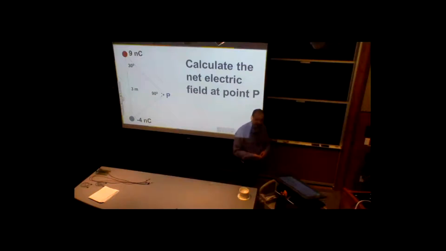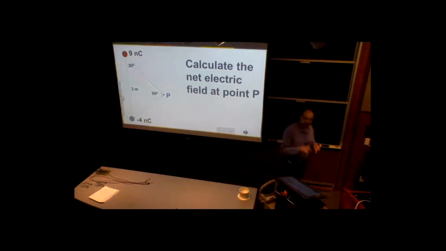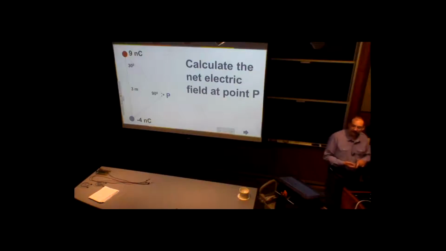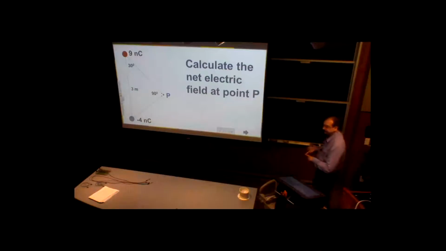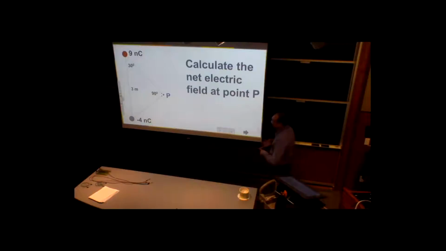So a lot of things in this room depend on memory and pattern recognition. Do you recognize this picture?